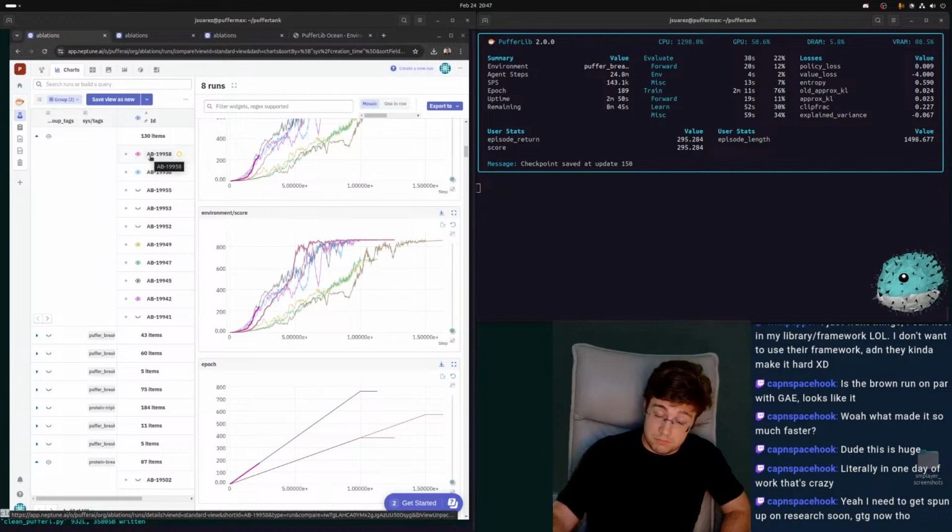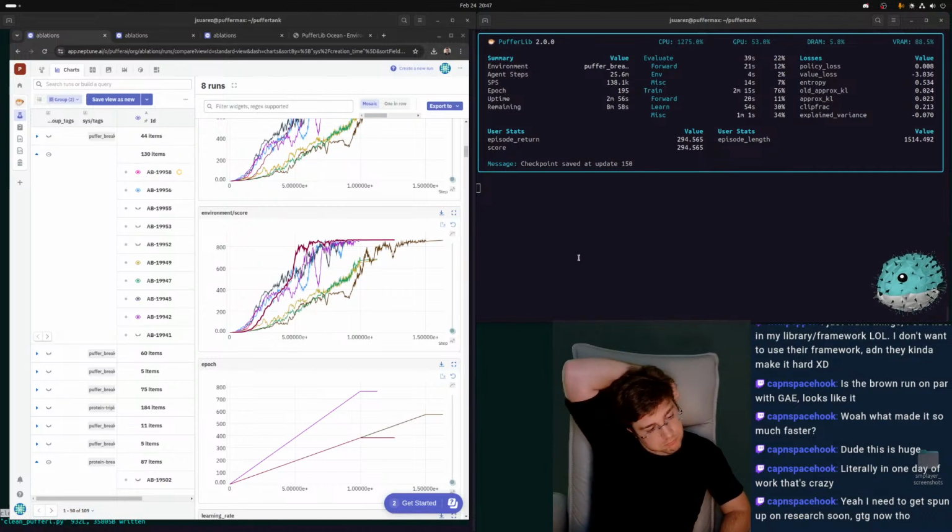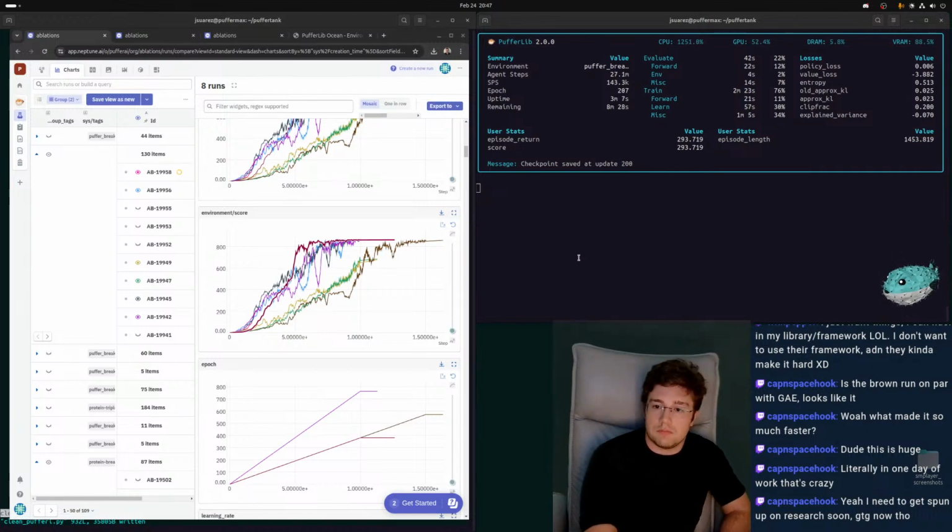Well, okay. That's something. We still have to do this without the clipping, and then if this all works, then it's just pure normalization is the issue.